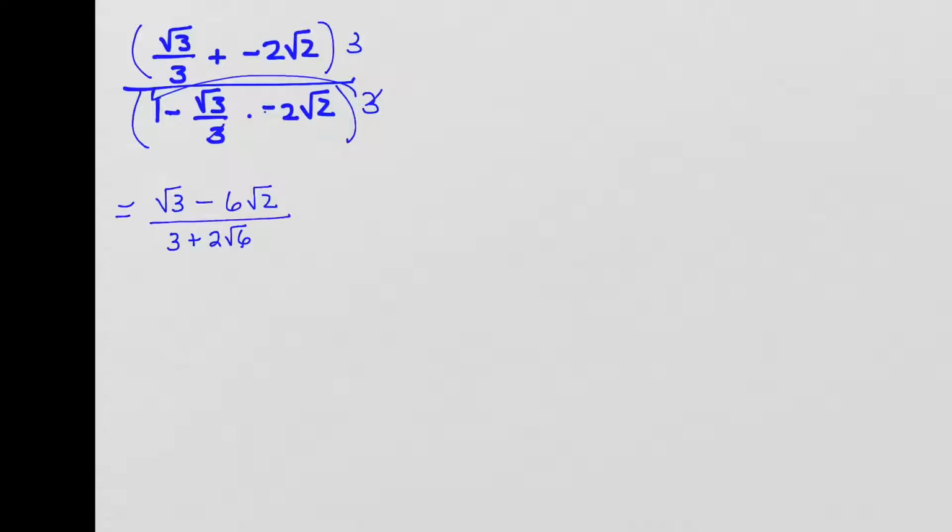Okay. Now this still doesn't look like any of the choices that I had. So what I need to do is rationalize the denominator. And in order to do that, I'm going to multiply by the conjugate of the denominator. So conjugate of the denominator would be 3 minus 2 square roots of 6. And I do that to the numerator as well.